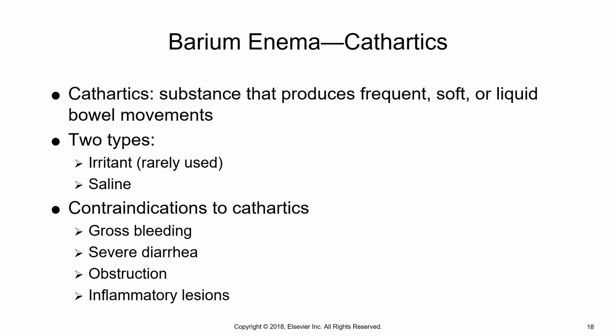The second class of cathartics is the saline laxatives. That would be your mag citrate, mag sulfate. There's all kinds. Some preps use mag citrate along with like a Dulcolax, enemas.